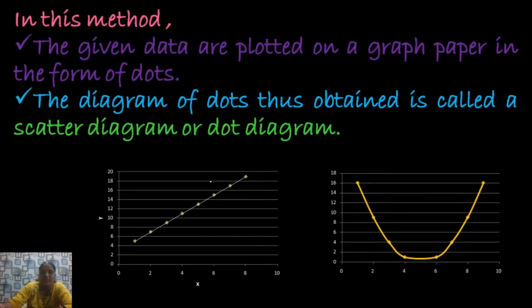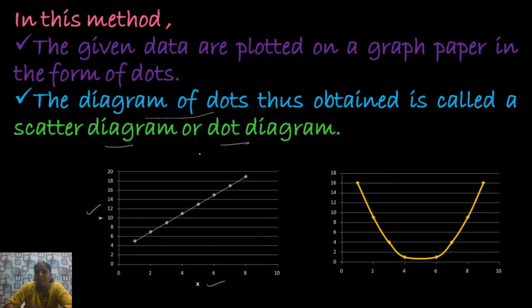In this method, the two variables x and y are taken along the horizontal and vertical axis. Here first we have to plot all the points in a graph paper like this in the form of dots. The diagram of dots after plotting all the points obtained is called the scatter diagram or dot diagram.